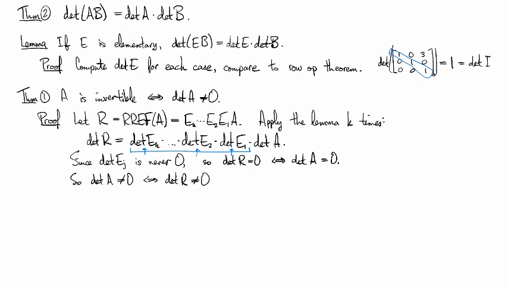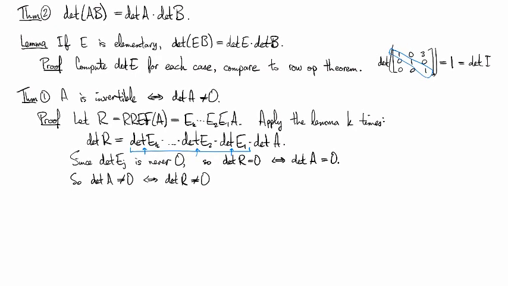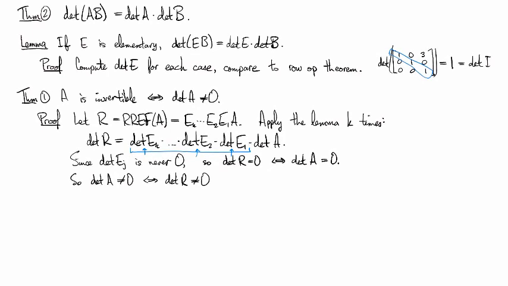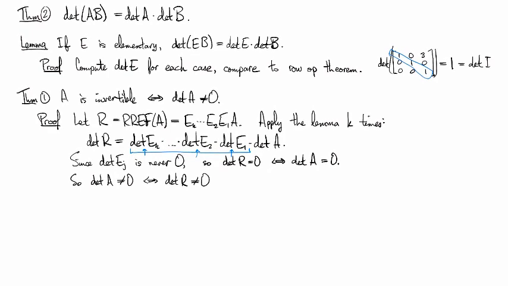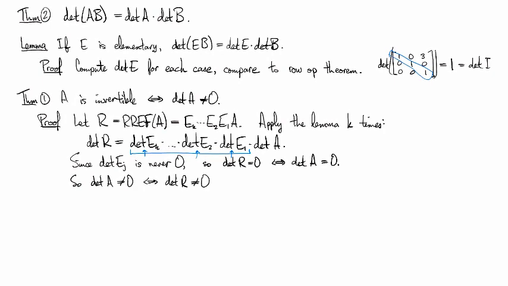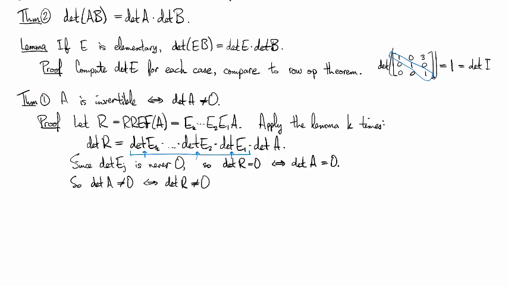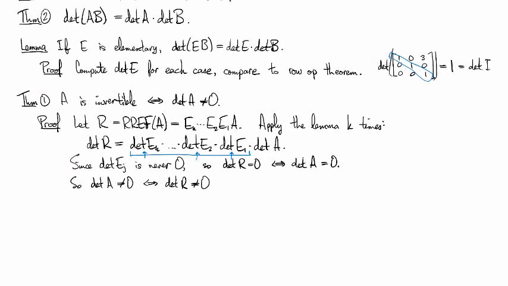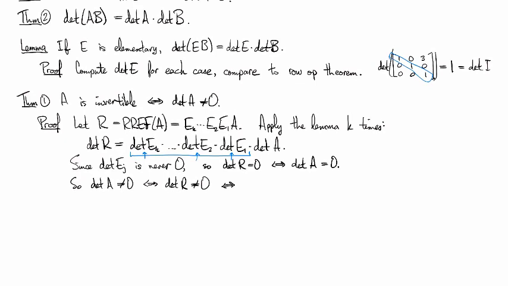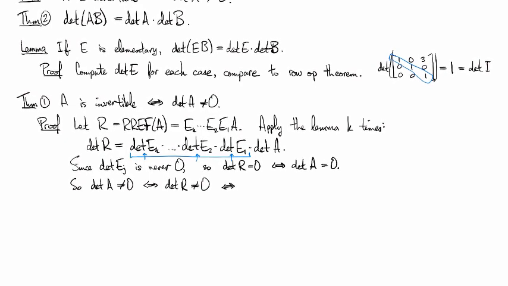But if the determinant of the reduced form of A is non-zero, then what does the reduced row echelon form of a square matrix look like? It's either the identity or it has a row of zeros. But it can't have a row of zeros, because by the triangular form computation, the determinant would equal 0.